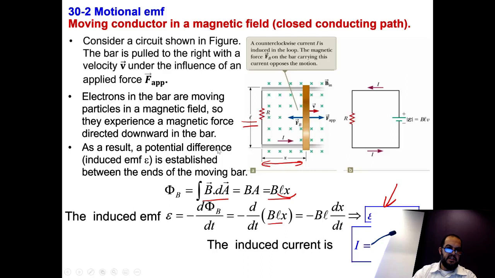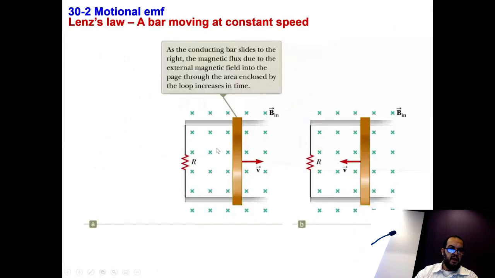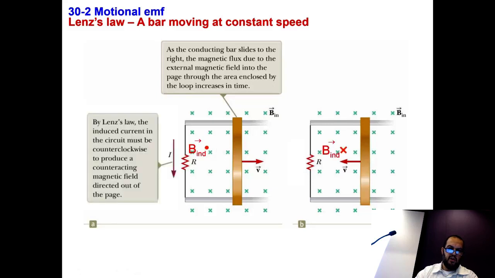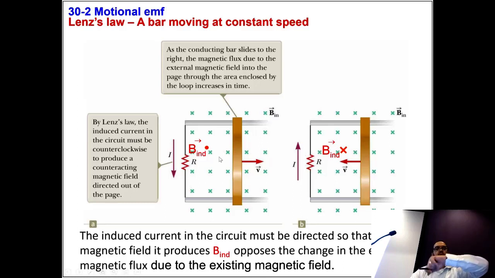It doesn't like change. Okay? So Lenz's law gives us the direction. Thank God. I just explained this: if you move in the opposite direction, you will induce a current in the opposite direction. This is given by Lenz's law.